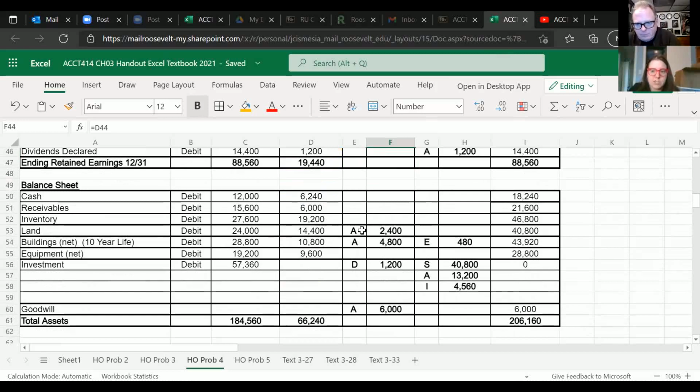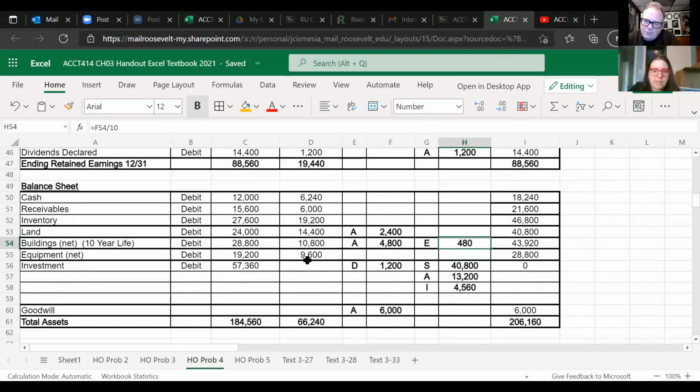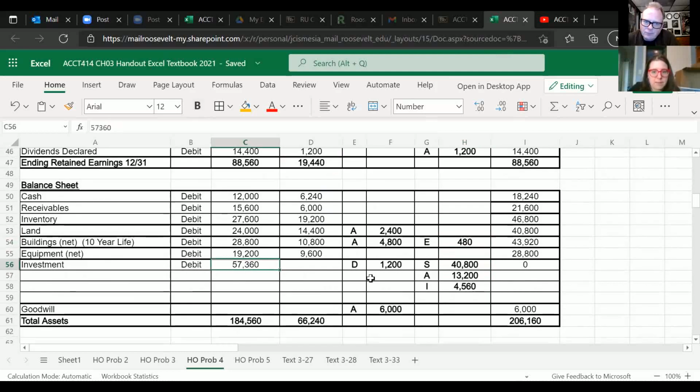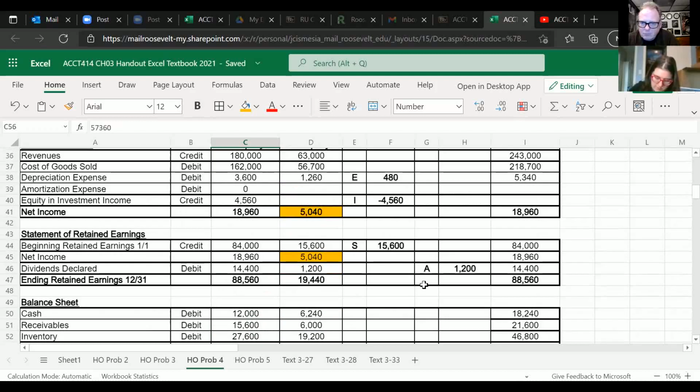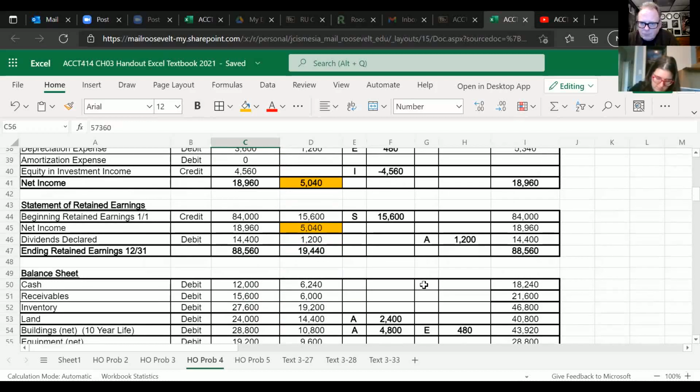Okay, for the balance sheet, we're adding the 2,400 for the land and the building 4,800 minus the depreciation divided by 10 years. Down here, we have the investment 57,360. We're taking out the, make sure I remember this, this is the dividends, right?